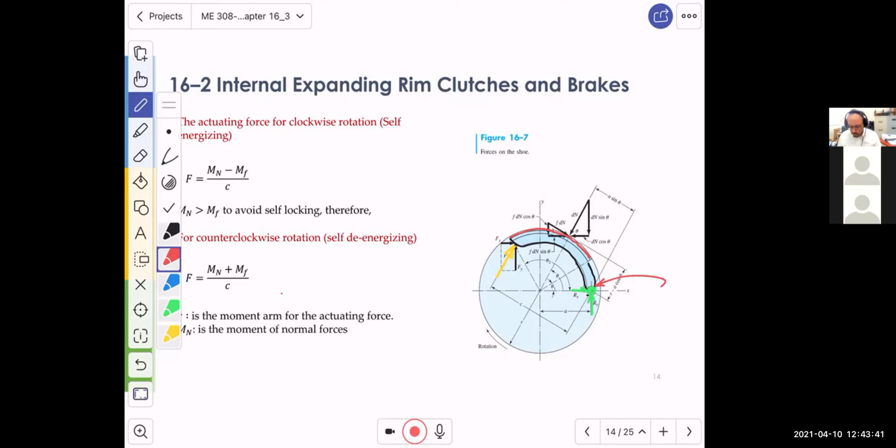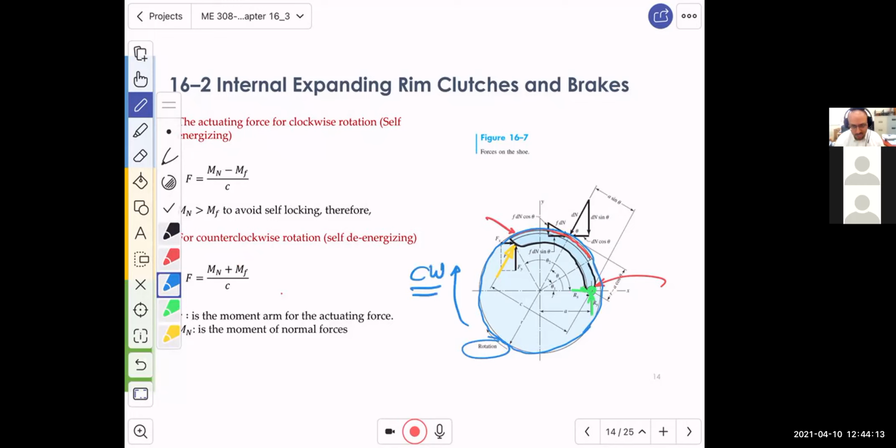Good. Now, when you apply the actuating force, this pad in red will come in touch with the drum. Where is the drum? The drum is there. This is the drum which is surrounding the internal mechanism. And not only that, this drum is rotating in a clockwise fashion.